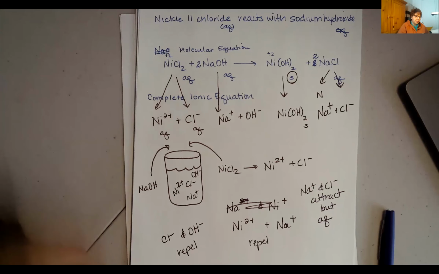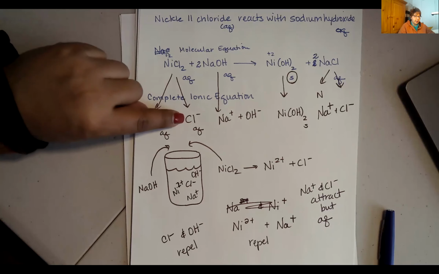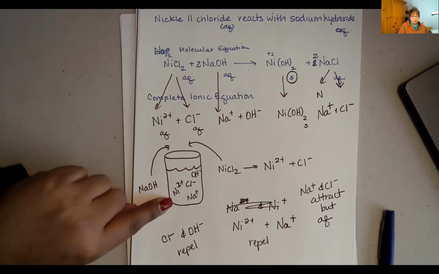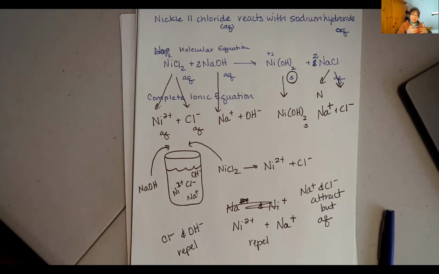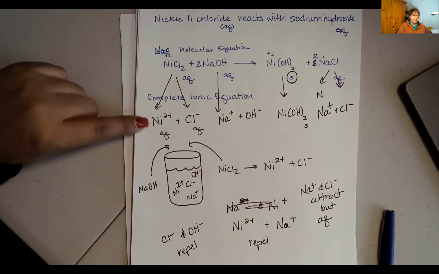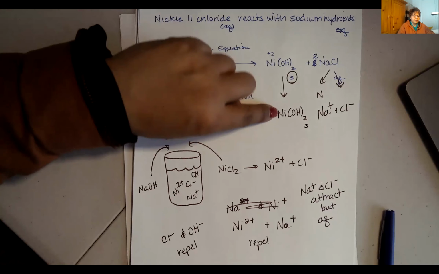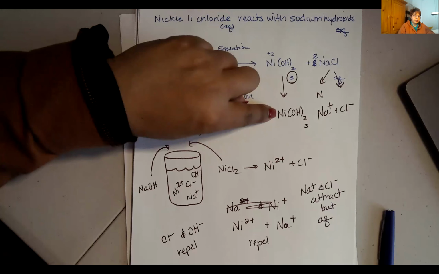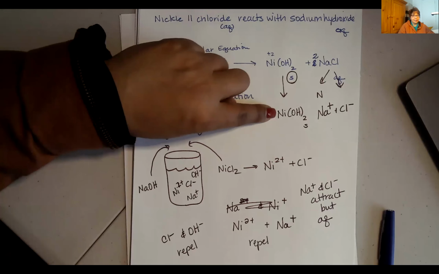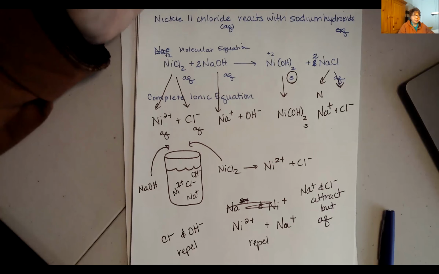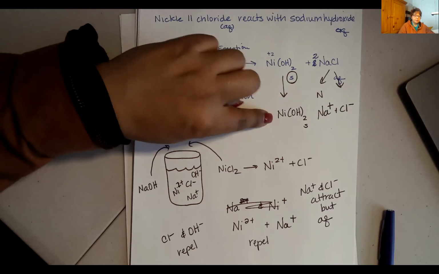So notice everything here that is aqueous, I've written it as ions because that's what it actually would be in solution. It would not be a single unit or an ion pair. It would actually break up into its respective ions. The only thing that I leave as a unit is things that are solid, liquids, or gases. In this case, I don't have liquids or gases, but I do have a solid.